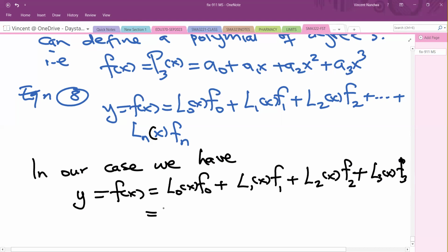Then what is the value of f0 from our table? 0. So I'll have 0 times L0 of x. f1 is negative 1 times L1 of x, plus f2 is 0 times L2 of x, f3 is 15 times L3 of x.